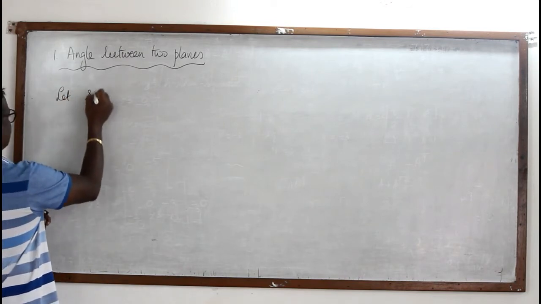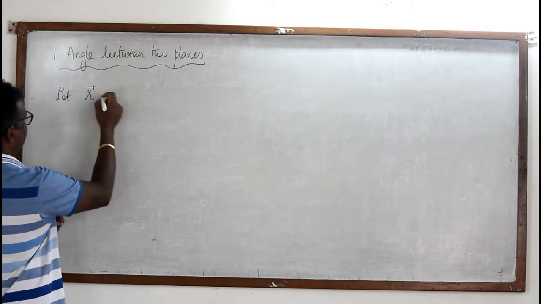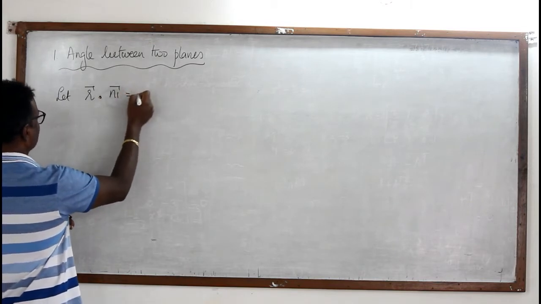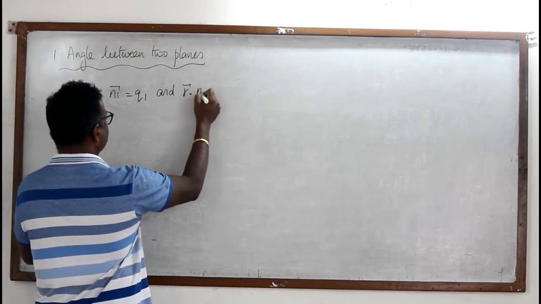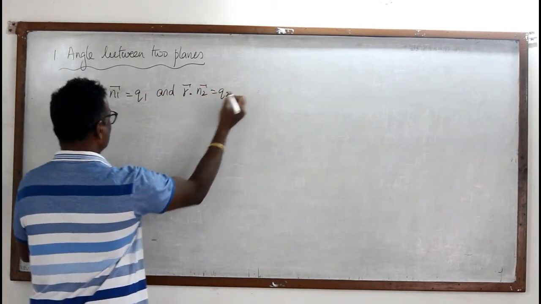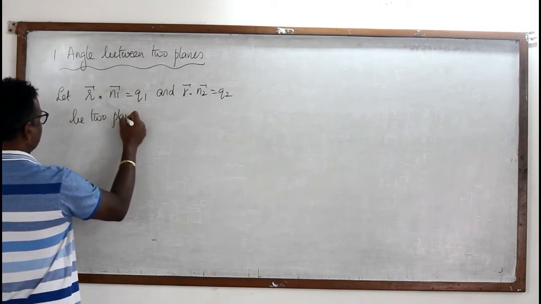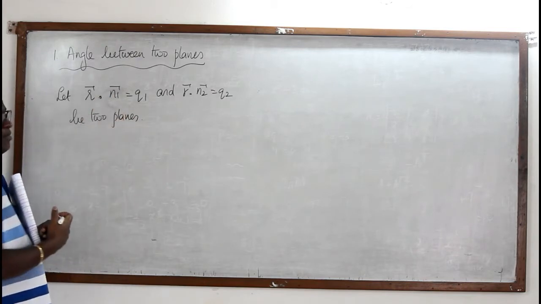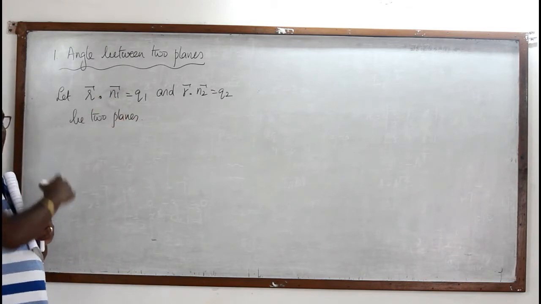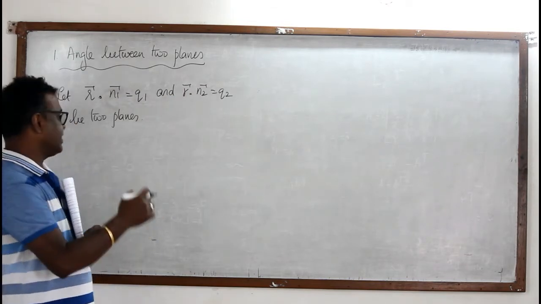Let me take r vector dot n1 vector equal to q1 and r dot n2 vector equal to q2 be two planes. Here, n1 vector is a normal vector perpendicular to the first plane and n2 vector is the normal vector perpendicular to the second plane.